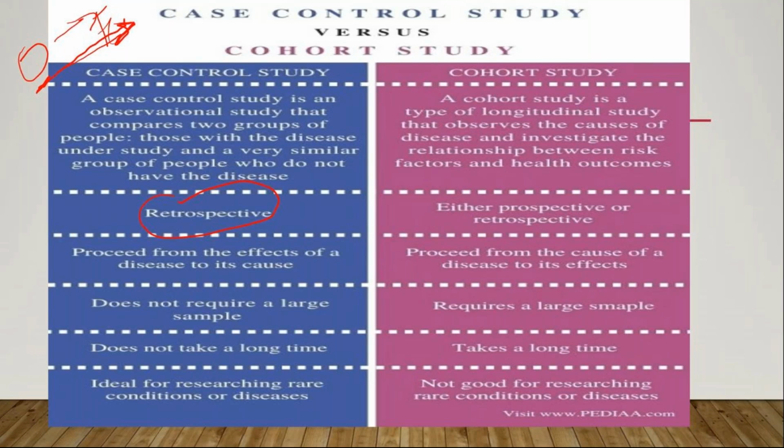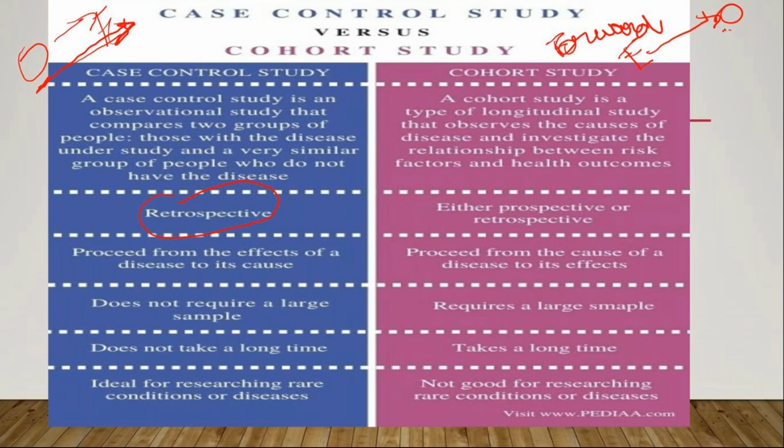While the cohort study is also known as a prospective and retrospective study, it is also known as a forward study. A cohort study starts from the exposure and goes to the outcome. It can be prospective or it can be retrospective.